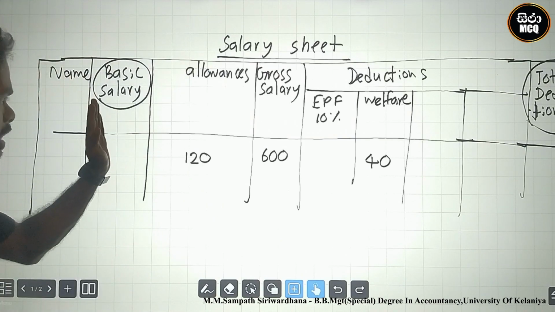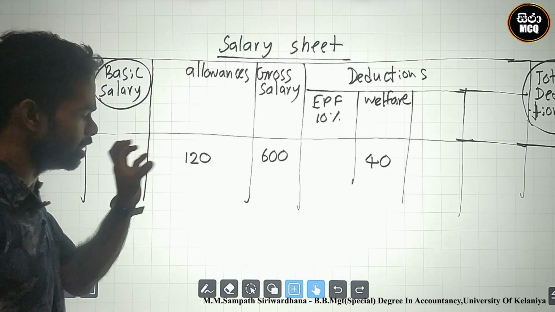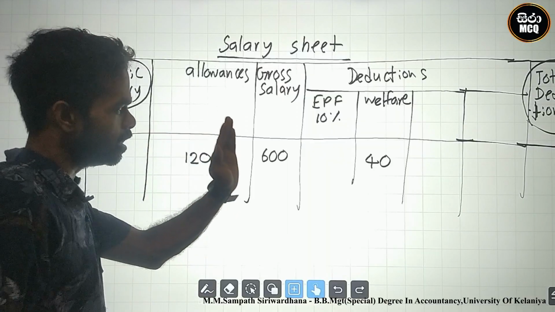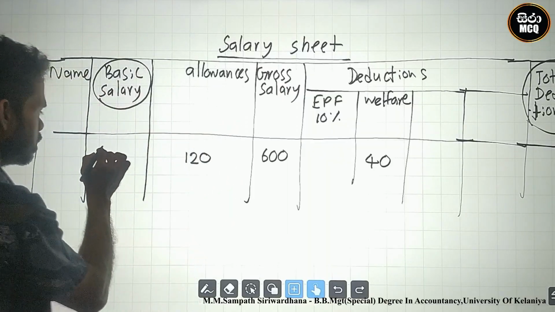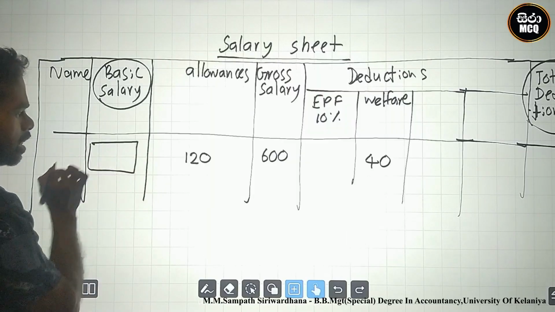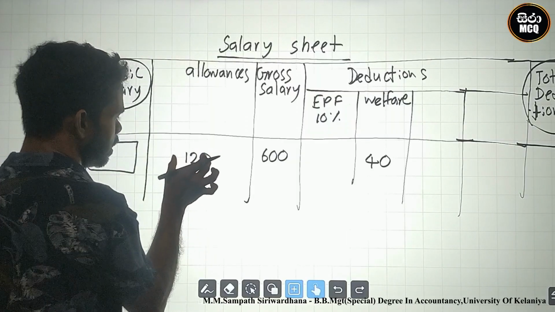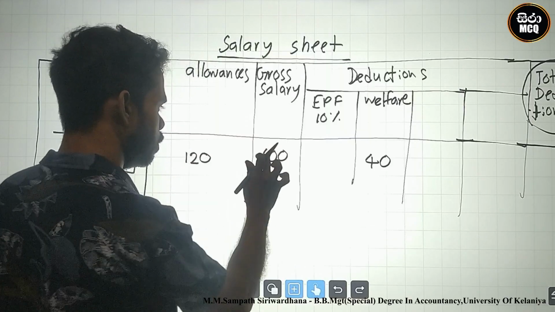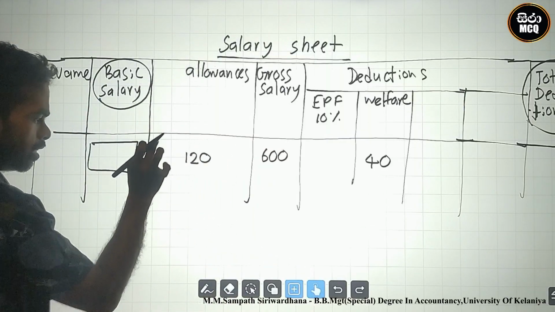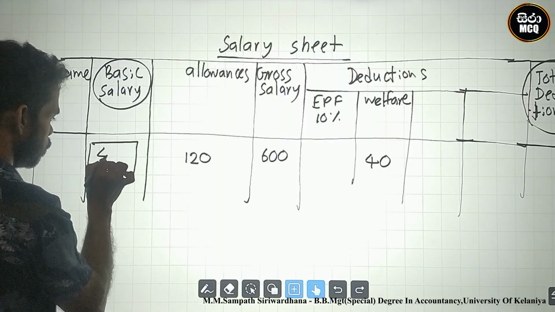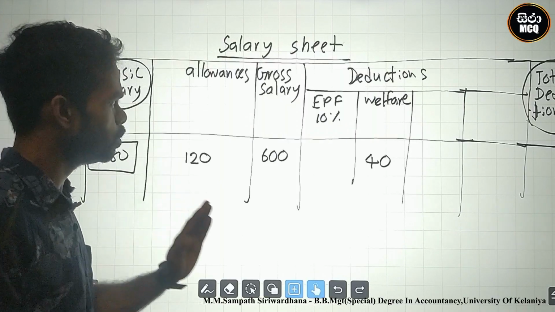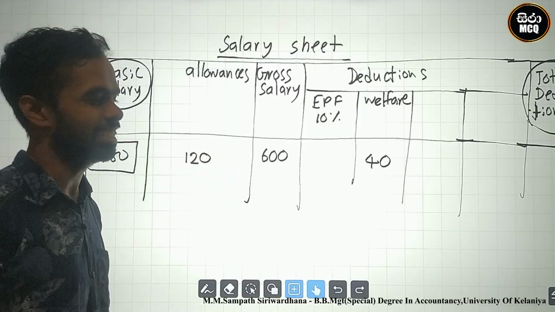You know basic salary plus allowances means gross salary. Therefore both the basic salary and allowances are accumulated. After that we can find the gross salary. Therefore 600 deduct 120 is 480. 480 plus 120 is 600.